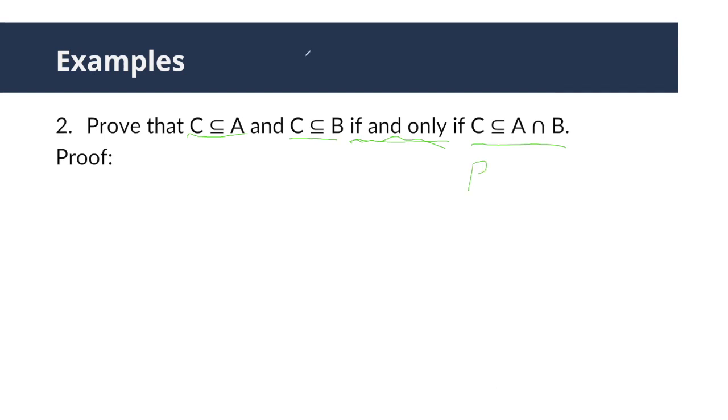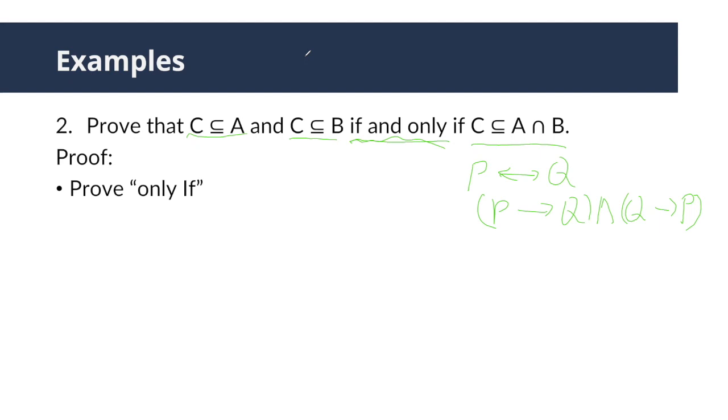To prove P if and only if Q, we can prove P implies Q and Q implies P. Therefore, naturally, we can prove this if and only if relation by 2 steps. And we call step 1 proving the only if direction.